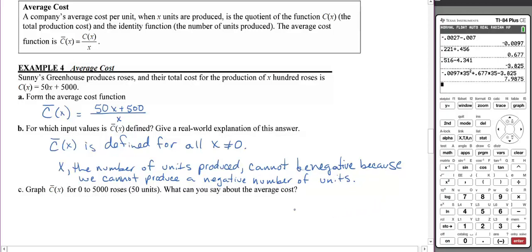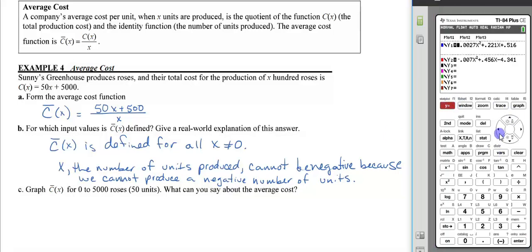Graph C bar of X for 0 to 5,000 roses, which is 50 units. What can you say about the average cost? Let's go ahead and place those functions in y equals. So we have parentheses 50x plus 500. We want to make sure that we put the entire numerator in parentheses and divide by x.